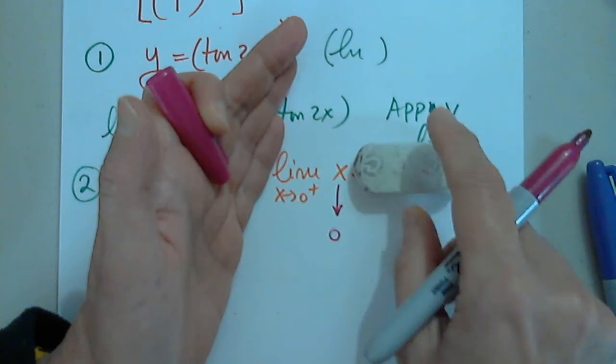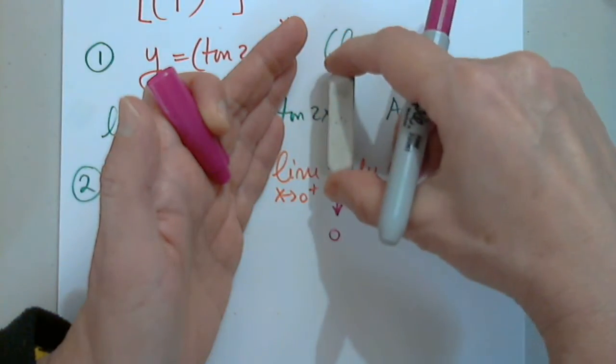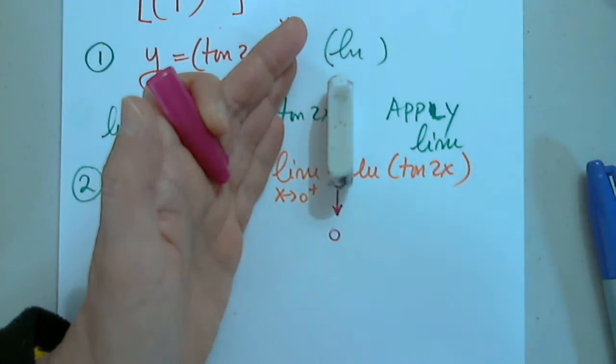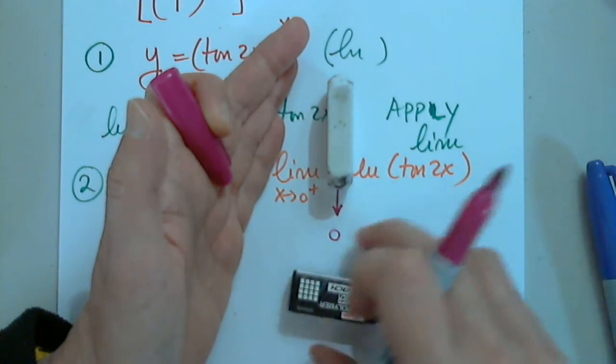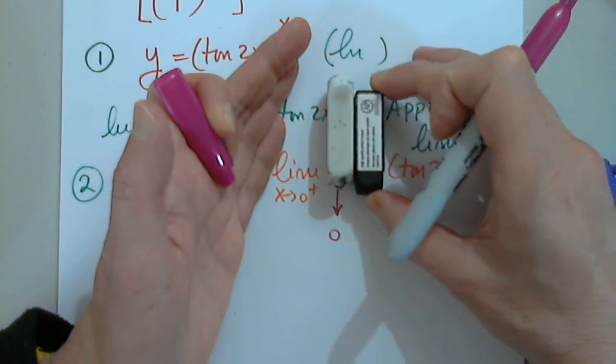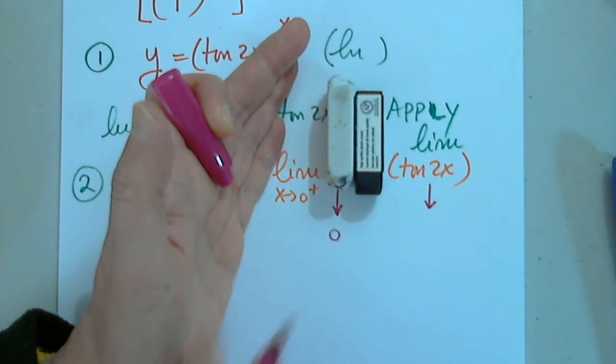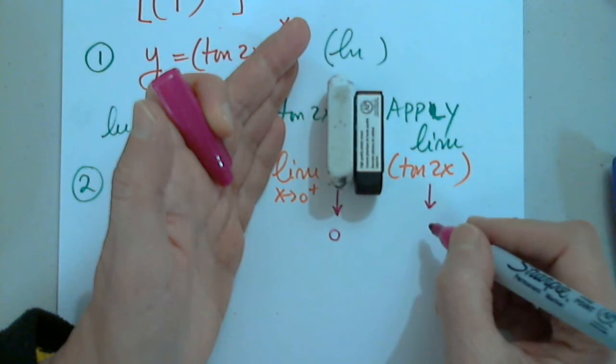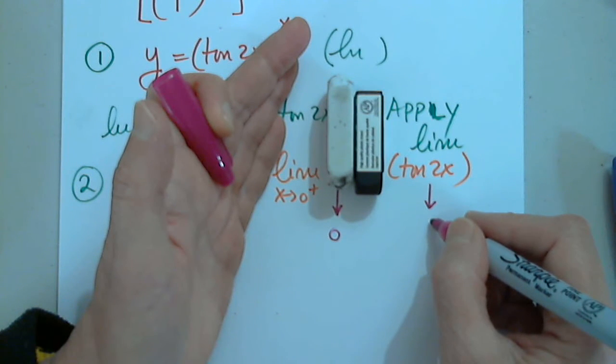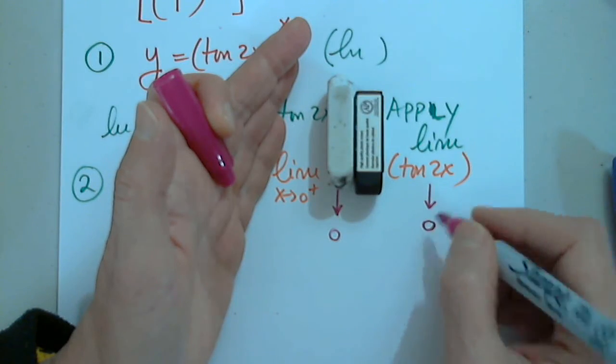Where is this going? 0. Perfect. So now, where is this going as x approaches 0? Also 0. Excellent.